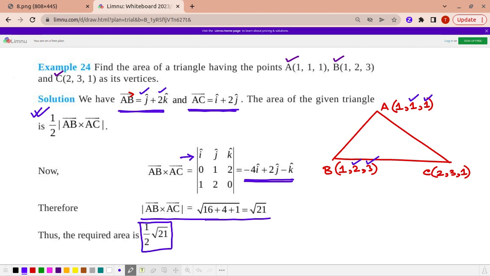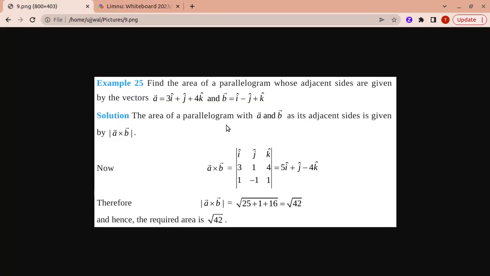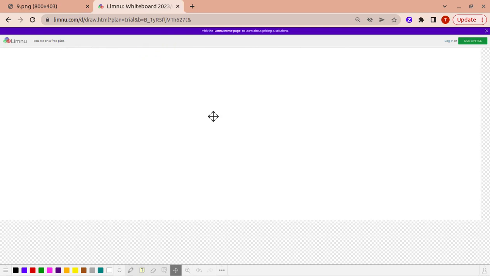Now let's come to the next question, which is related to the area of a parallelogram.